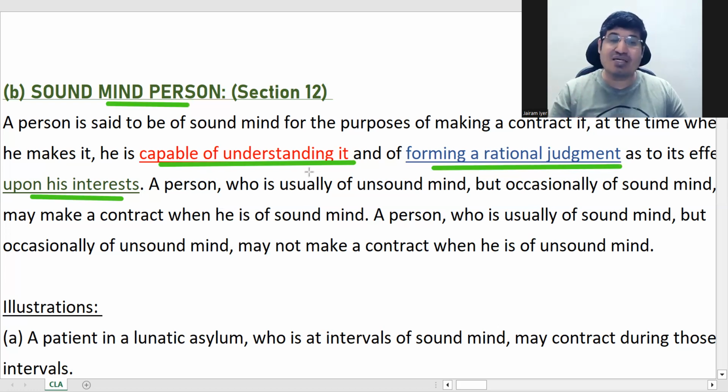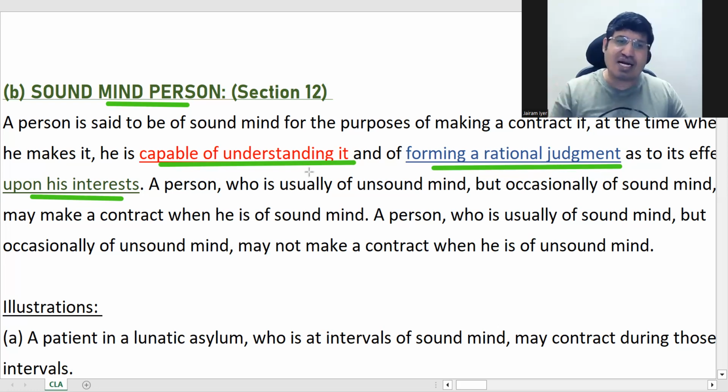That means sound mind is not just a lunatic. Okay. So a person who is very old, 85, 90, is not able to read and understand. He is also a person of unsound mind. Or a person with very low IQ or low intellect is not able to form an opinion of a contract on his interest.